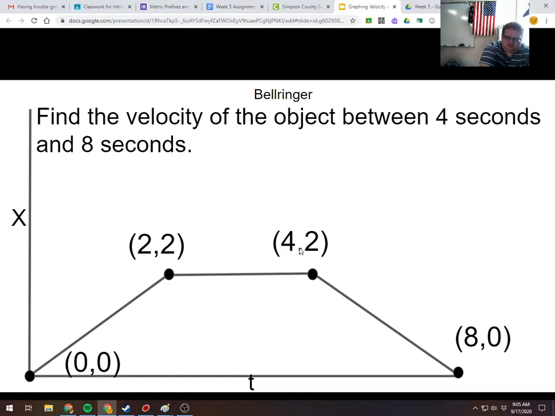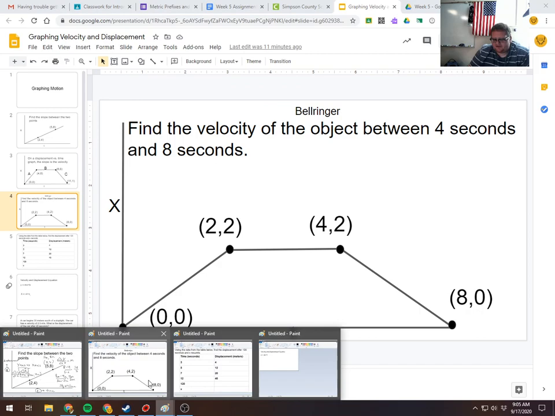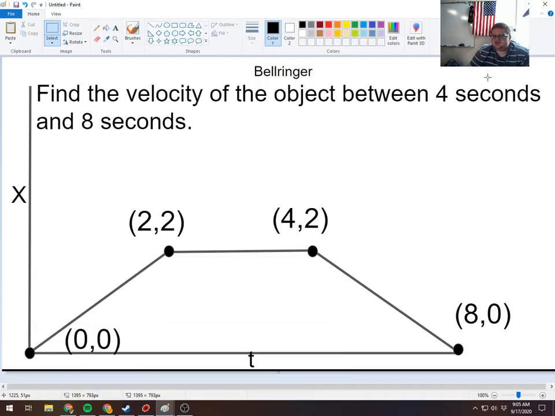Okay, so I guess ignore the part that's spelling there. What's the velocity of the object between 4 and 8 seconds? Again, you have a couple options on how you want to do this. Obviously we're looking at between 4 and 8 seconds, so we're looking at just between these two points.